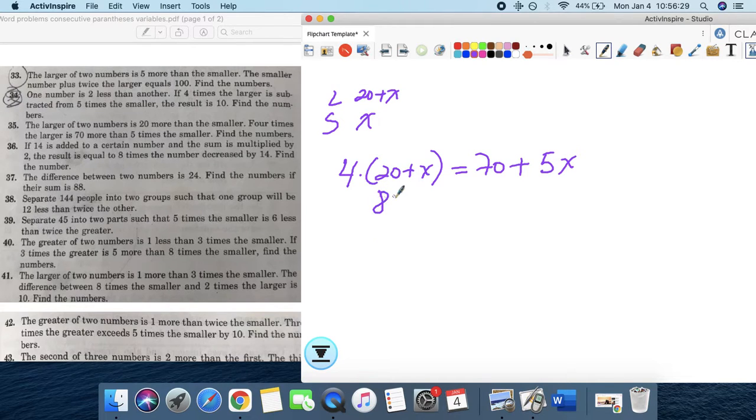That's it. 80 plus 4x equals 70 plus 5x. If we subtract 4x from each side, we get 70 plus x, right? Subtract 70 from each side, we get x equals 10. So one number is 10, the other number is 30.